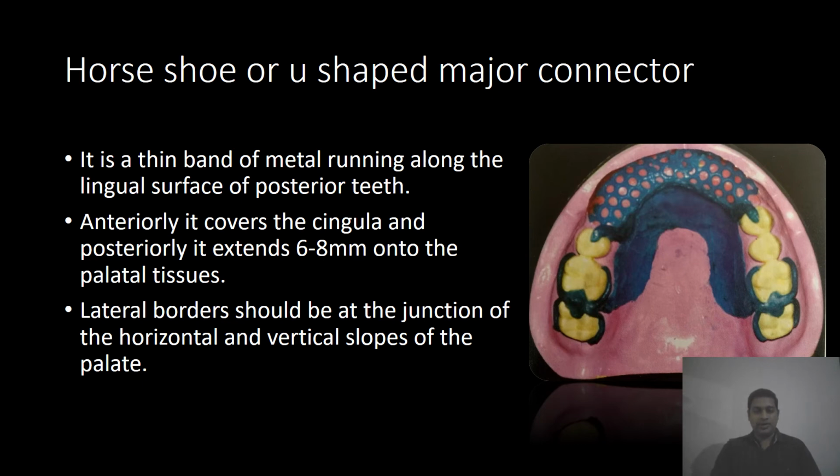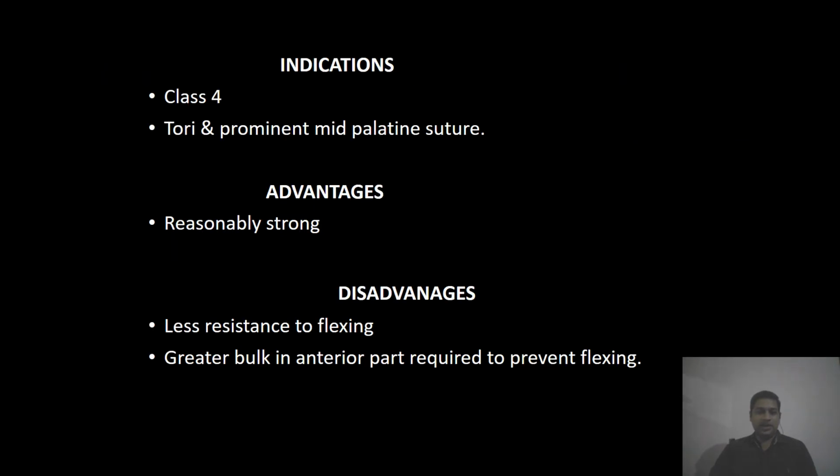The lateral border should be at the junction of the horizontal as well as vertical slopes of the hard palate. It is indicated in class 4 situations where there is an edentulous space in the anterior region that crosses the midline, in cases of inoperable tori, and when the mid-palatine suture is very prominent.